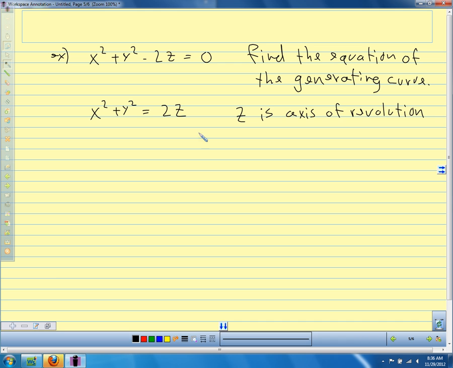So our radius function, r of z squared, equals 2z. So r of z is going to be the square root of 2z.